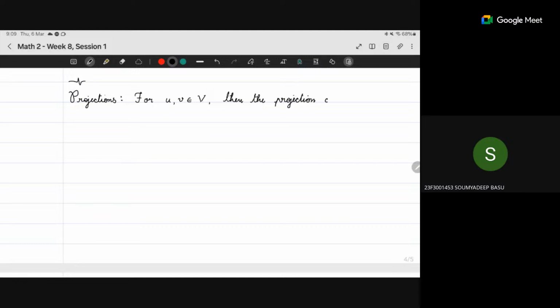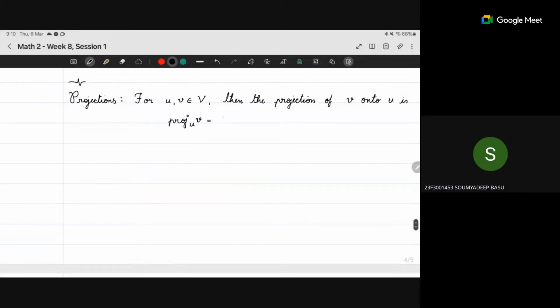The projection of v onto u is denoted by proj. The thing in the subscript is what you're projecting onto. So you're projecting v onto u.